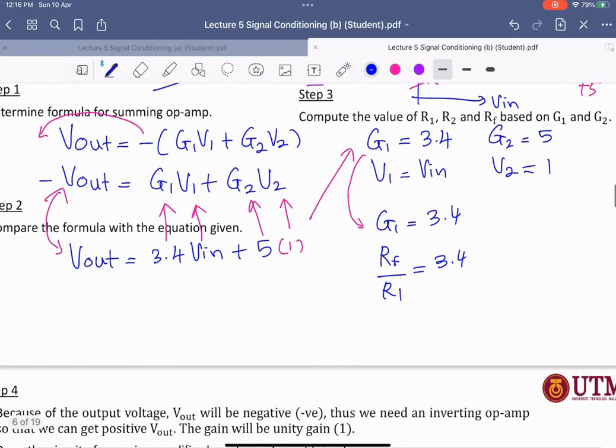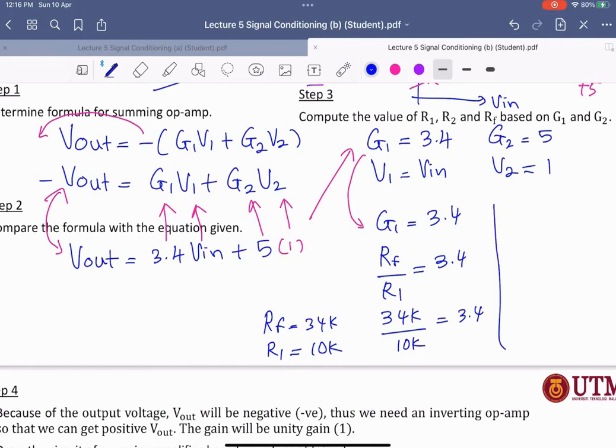So you can use R1 as 10K, in order to get 3.4. So I get RF equal to 34K and R1 equal to 10K. That's the concept.